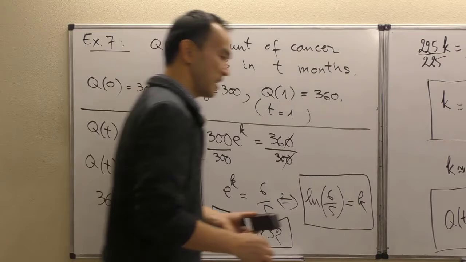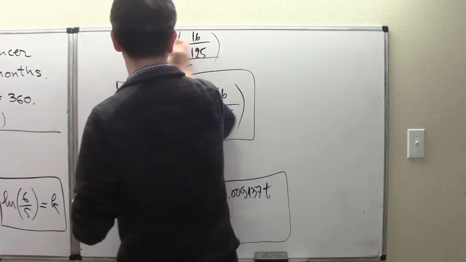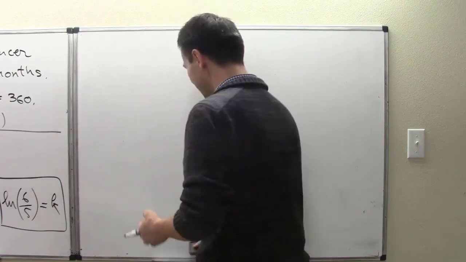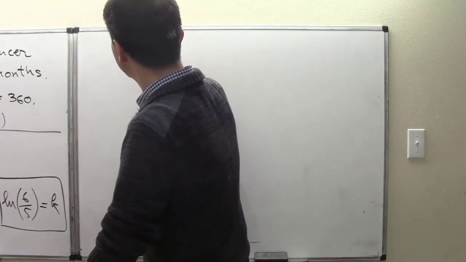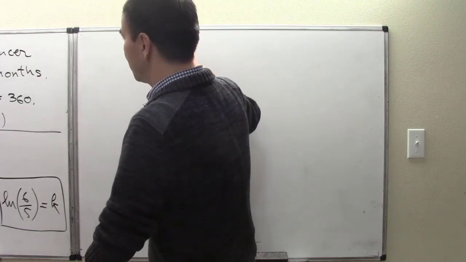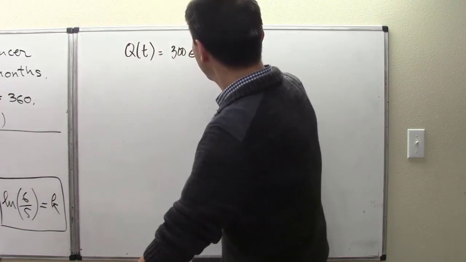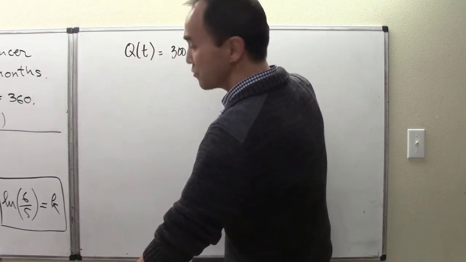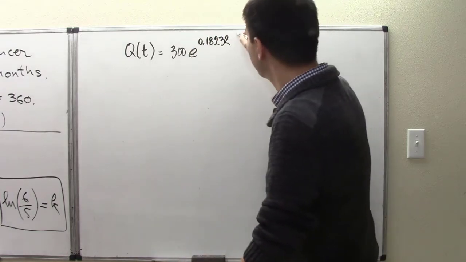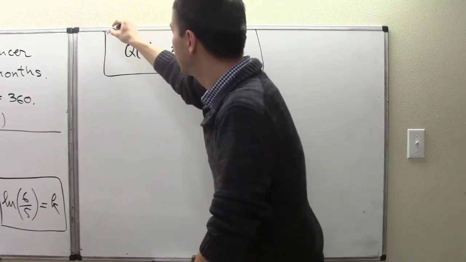And so now in that case, the function will finally come to Q of t equals 300 times e to the 0.18232 t. That's our final function. This is the one that needs to be put in the box.